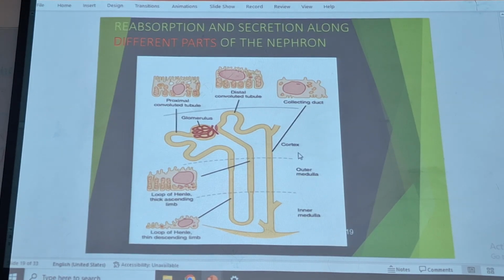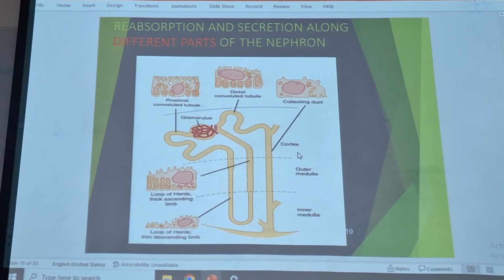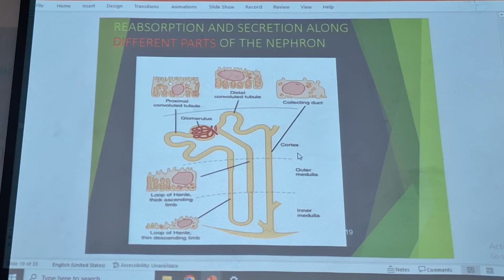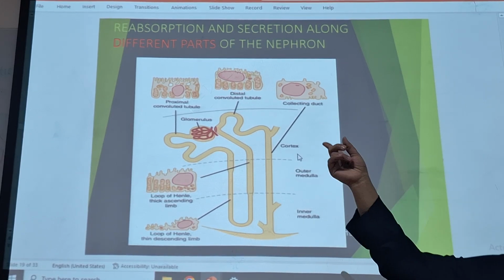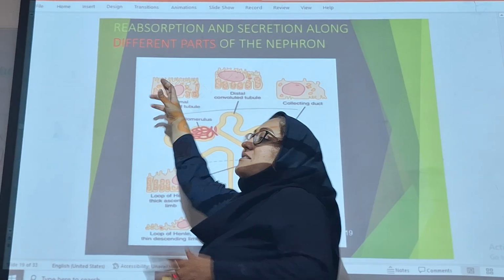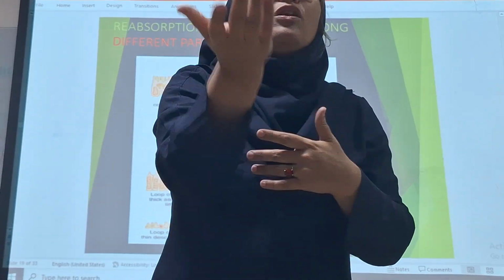What can I say about this slide? It shows the shape of cells in different parts of the nephron. Pay attention to the cell in the proximal tubule. When a cell is thick, it means it is metabolically active.